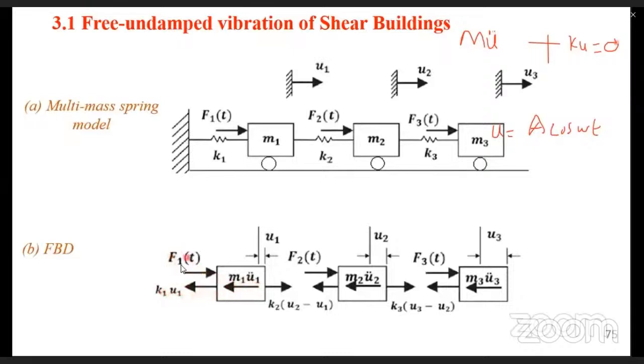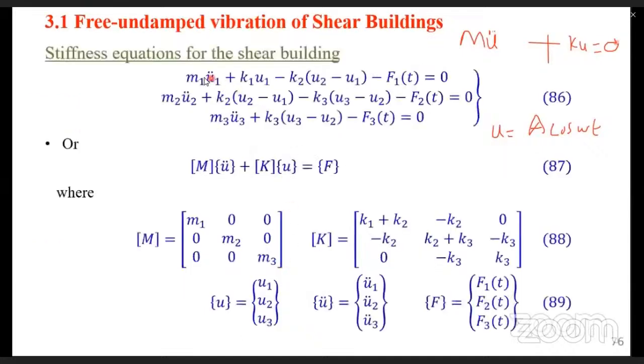Of course, F1 is equal to 0. And then this one will be acting in the opposite direction. That's why it's minus k2 (u2 minus u1). That's why you have m1 a1 plus k1 u1 minus k2 (u2 minus u1) minus F1(t) is equal to 0.